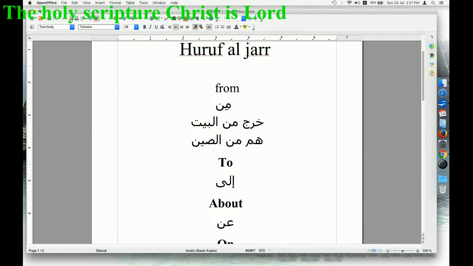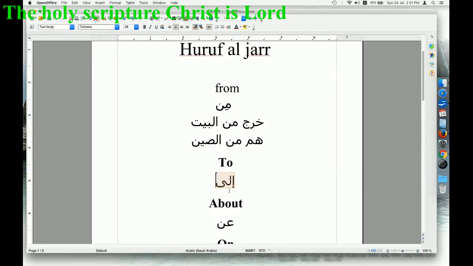So ila is simply an alif and lam, and this is what we call a tool of saying, let us say, I went here. You see, when we spoke about min, we were talking about where you're coming from. Here it's talking about where you are going to, or where you are going to end.